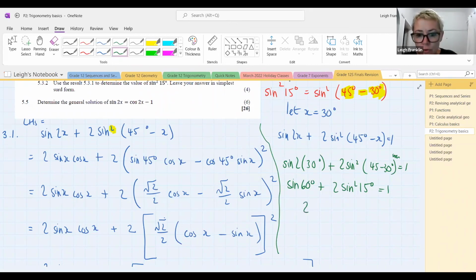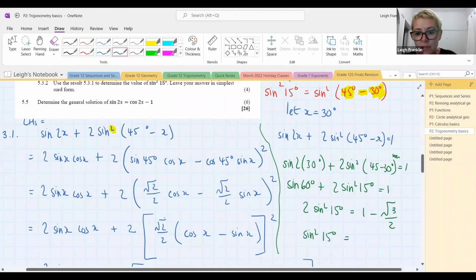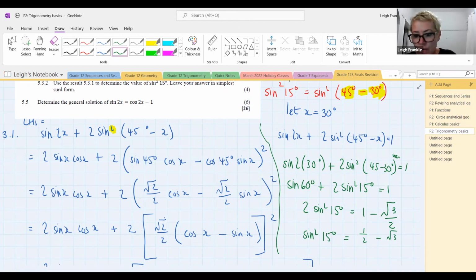And so 2 sine squared 15 would be equal to 1 minus the sine of 60. Remember, the sine of 60 is a special angle, so that would be root 3 over 2. Then we need to divide by 2 to make sine squared 15 the subject of the formula. So we end up with 1 over 2 minus root 3 over 2.